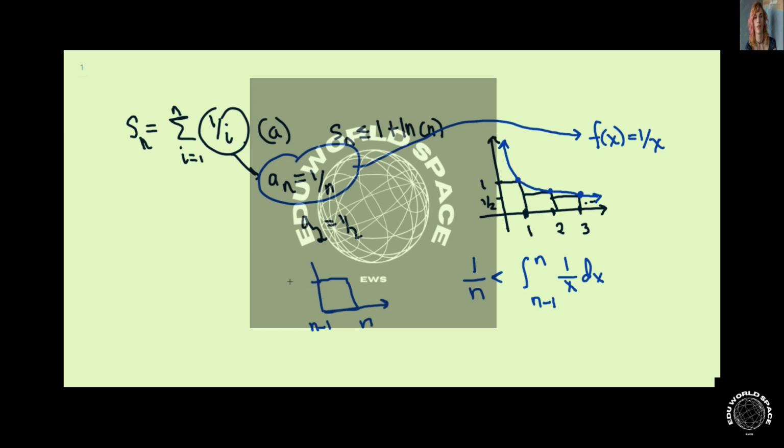We know the height is 1 over n, and the curve will touch it at the right corner from above. So the area of the rectangle is just 1 over n. That's in blue. But then in red is the right-hand side, the area under the curve over the interval. That's why the red area is larger than the blue. So that implies this inequality if you're interpreting these terms as areas. That's the trick here.